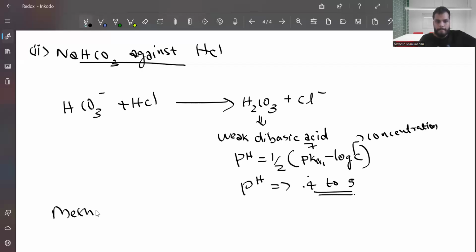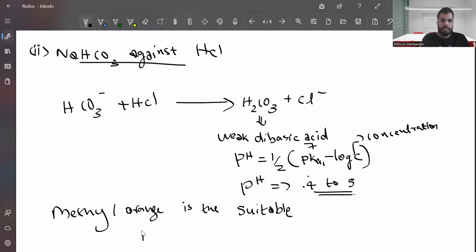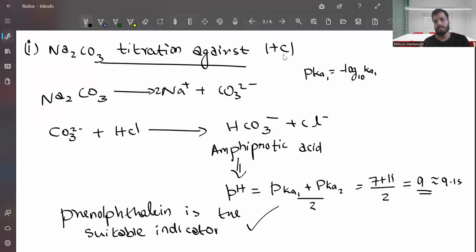So methyl orange is the suitable indicator, right? And you need to understand, this is the first equivalence point.